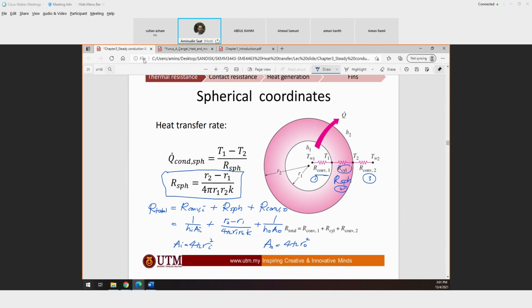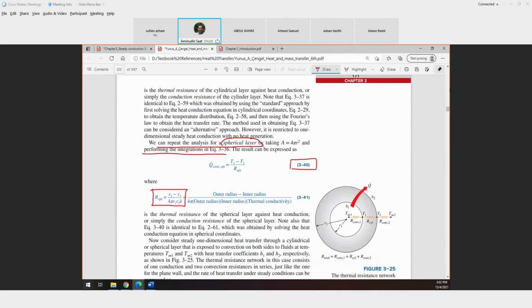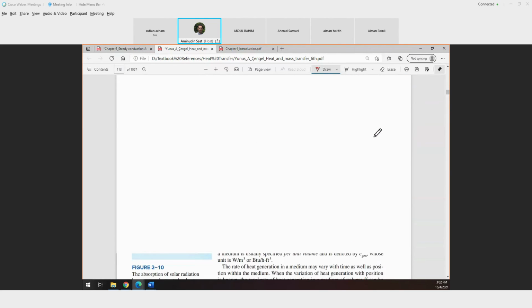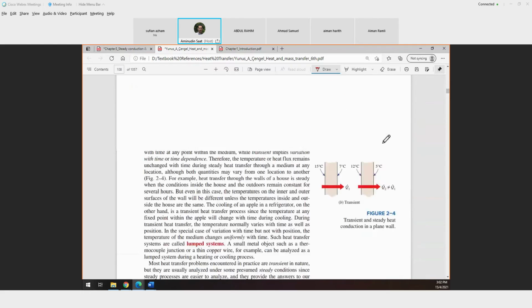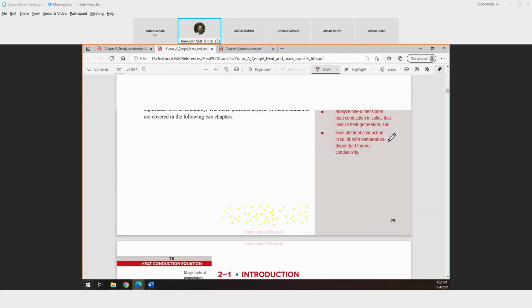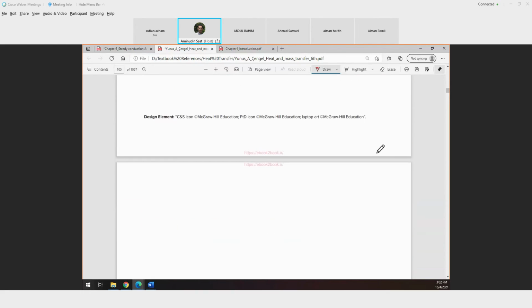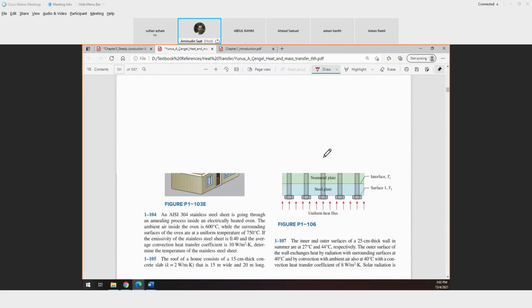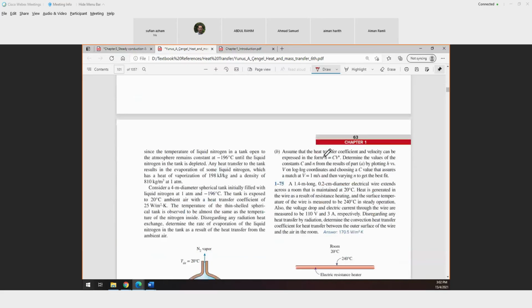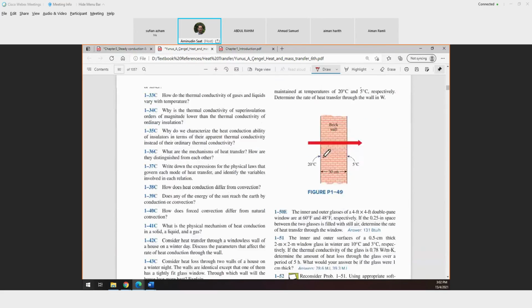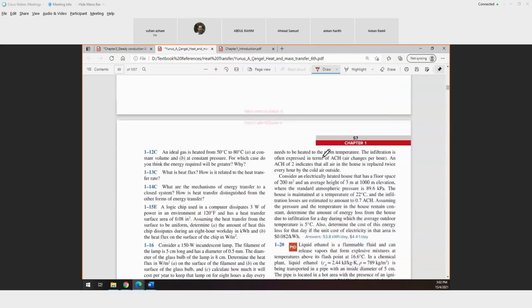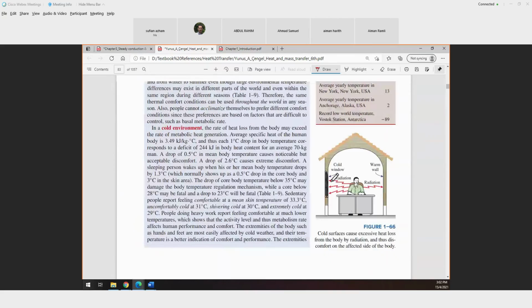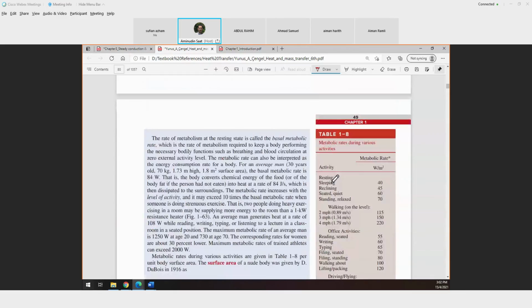If you go to chapter 1, under the radiation part, I think in the equation, where is the radiation? Topic radiation.